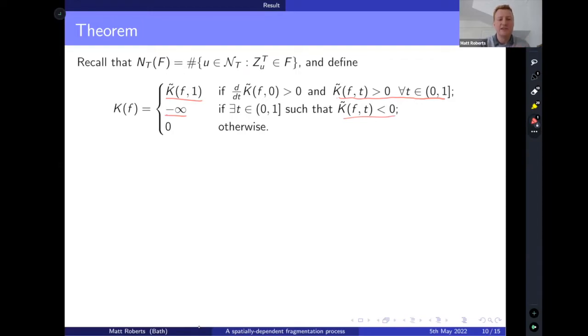So minus infinity corresponds to there not being any particles following the path. Okay. And there are some other technical conditions in here that I won't go into, but that's the main takeaway message. If k tilde stays positive, then k equals k tilde. And if it ever goes negative, then k is minus infinity.